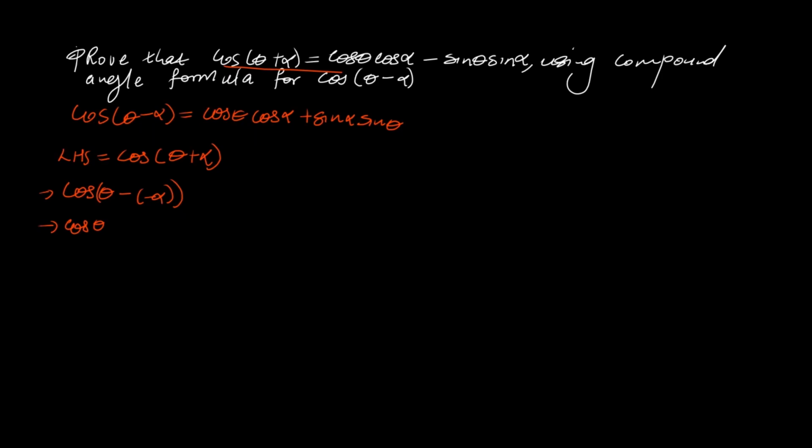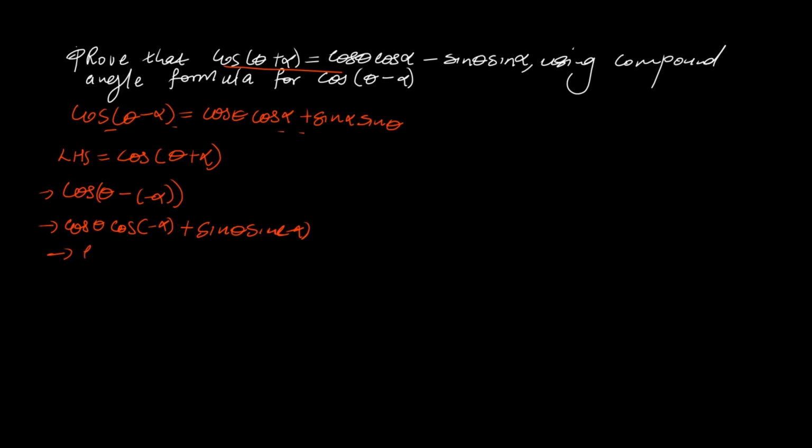This is cos theta cos(negative alpha). Then the angle in between is negative, so it will just be plus sin theta sin(negative alpha). That's according to the expansion here.